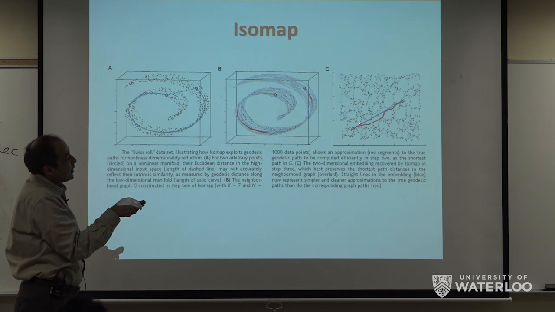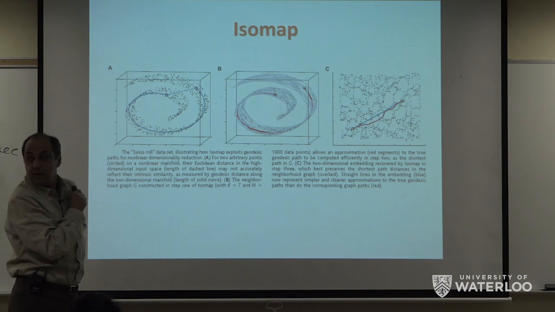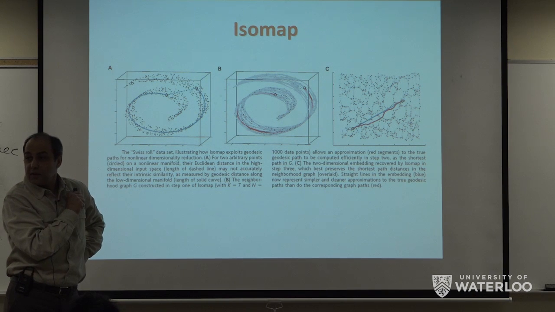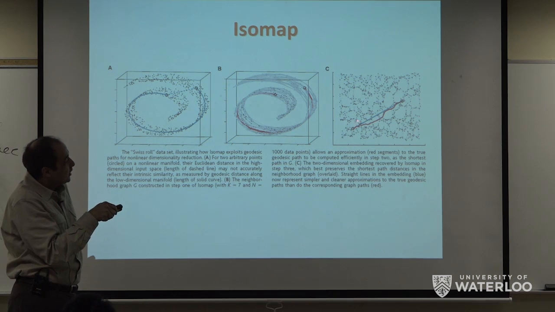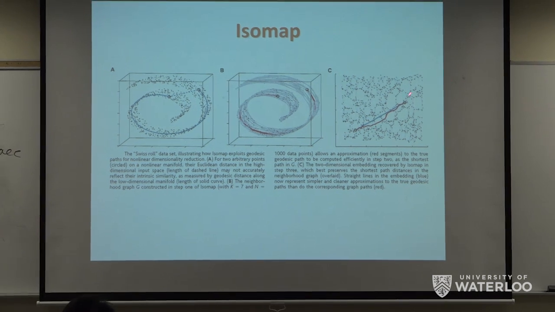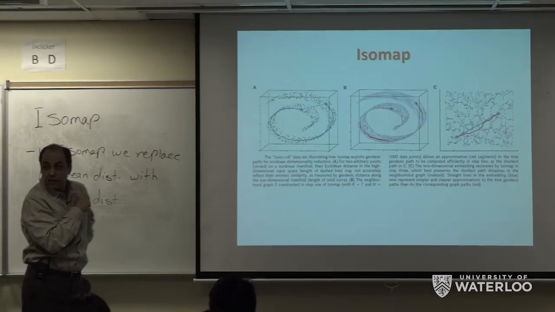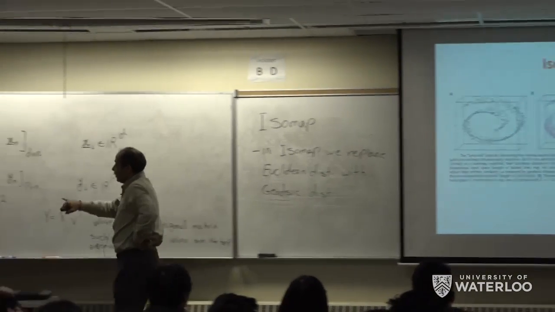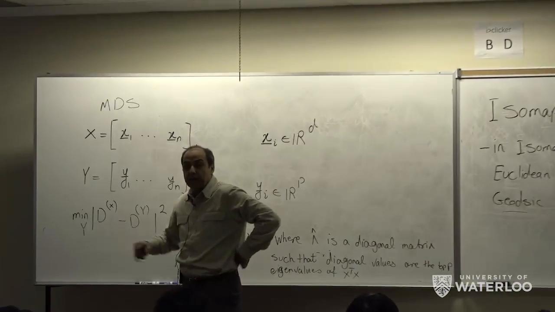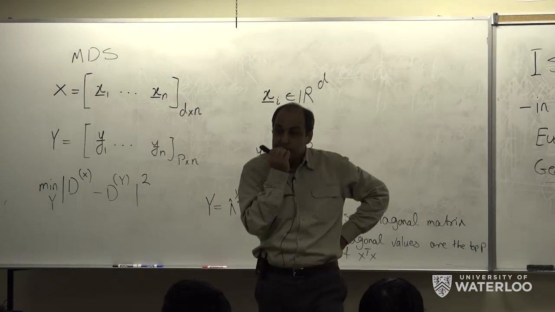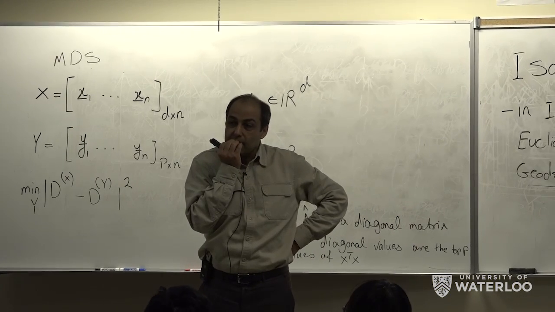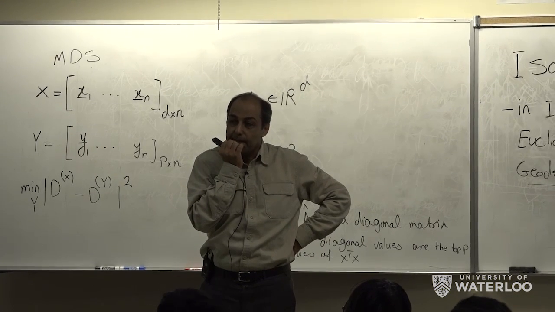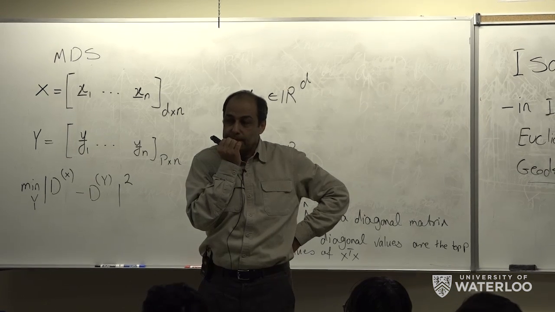They are not exactly the same, but this is a good estimation of the geodesic distance. So I'm going to compute geodesic distance between all points and replace it with Euclidean distance.